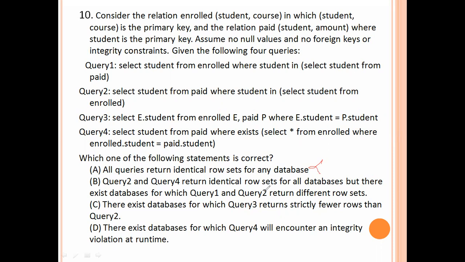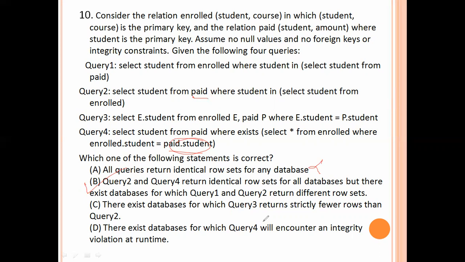Query 2 selects from paid students who are selected from enrollment. Similarly, query 4 selects from paid where exists select from enrolled where the enrolled student equals paid student. Here also from the paid, it selects the students who are enrolled. So both Q2 and Q4 give the same thing. So option number B is the right answer.